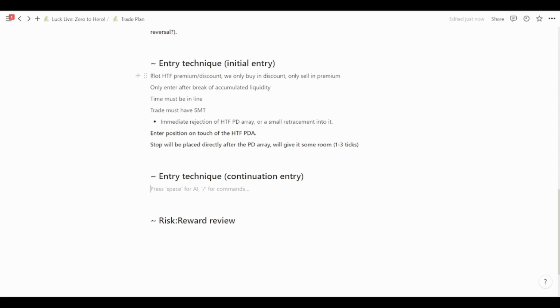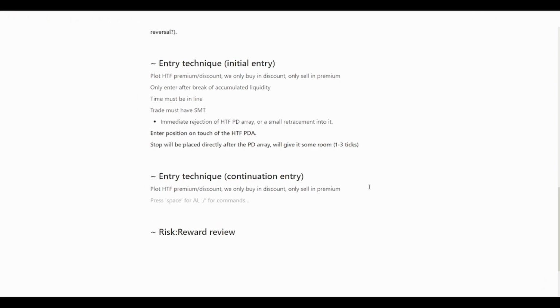Now, for our entry technique on a continuation entry, again, we have the higher time frame premium and discount coming in, only buying in discount, only selling in premium, right? Now, with this in mind, if we miss our initial entry at the higher time frame PD array, but the continuation entry looks really clean, I'm probably going to be using the unicorn model, but more likely just breakers in general.